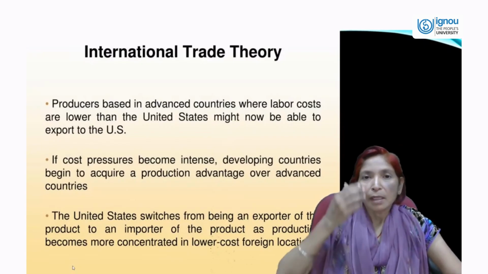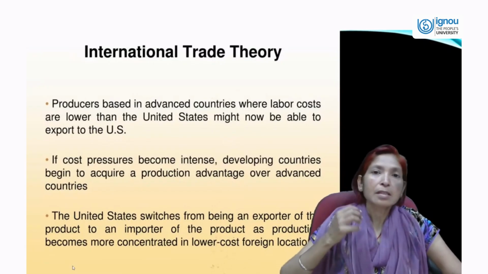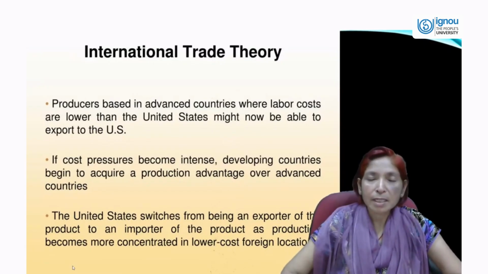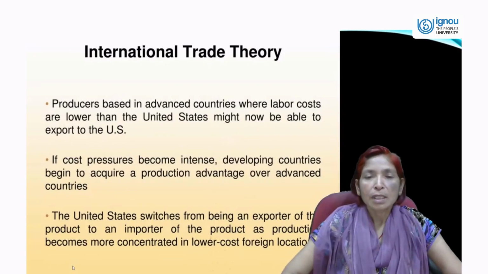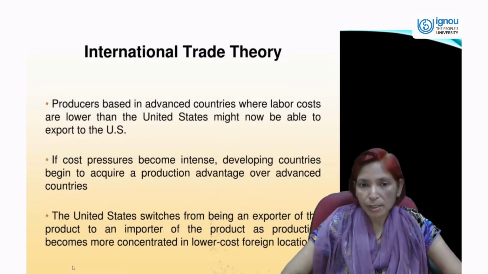For example, Japan has more technically advanced products, but they don't have natural resources. They have more capital intensive technologies and more technological advancement. So they can export their technically advanced products to technically backward countries, and they can import natural resources from those nations that are rich in natural resources.